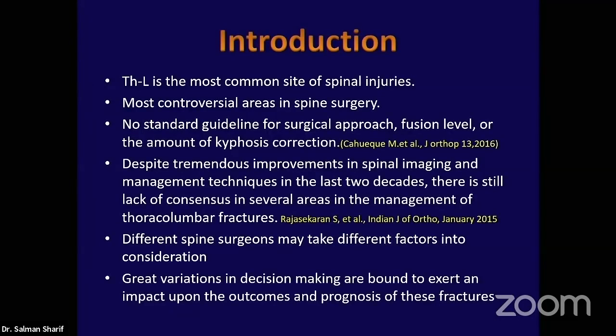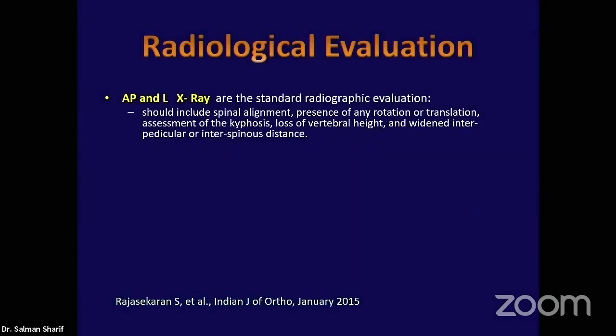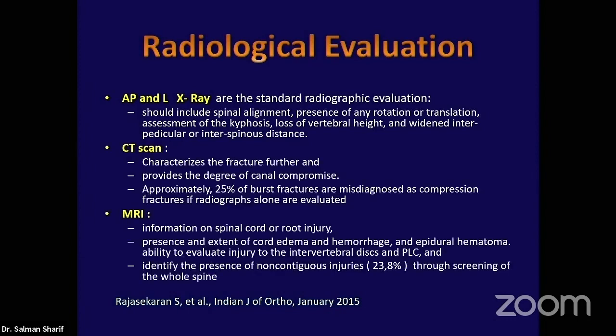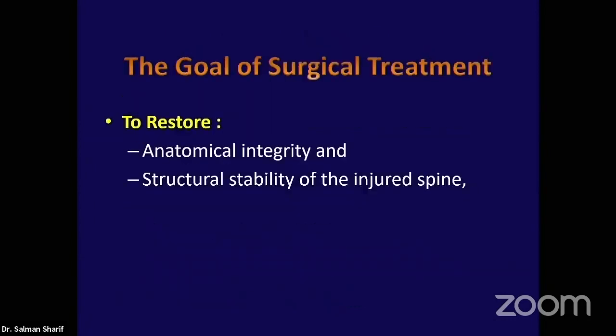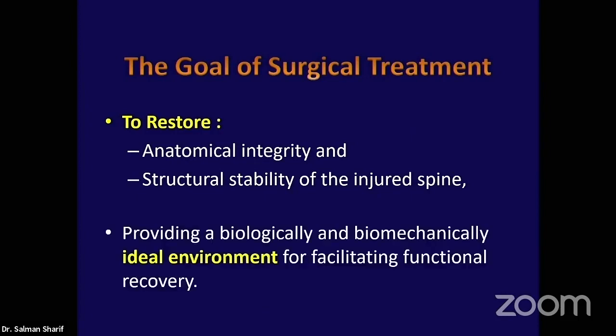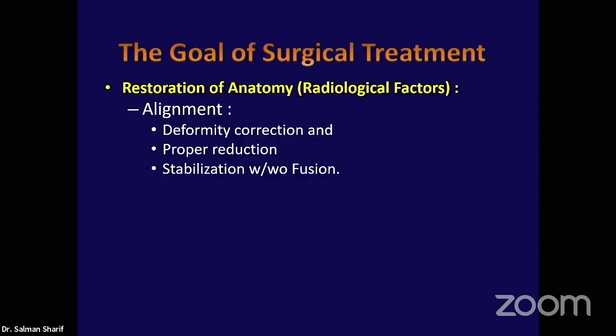Regarding radiological evaluation, the goal of surgery is important: to restore anatomical integrity and structural stability of the injured spine, and to provide a biologically and biomechanically ideal environment for facilitating functional recovery.